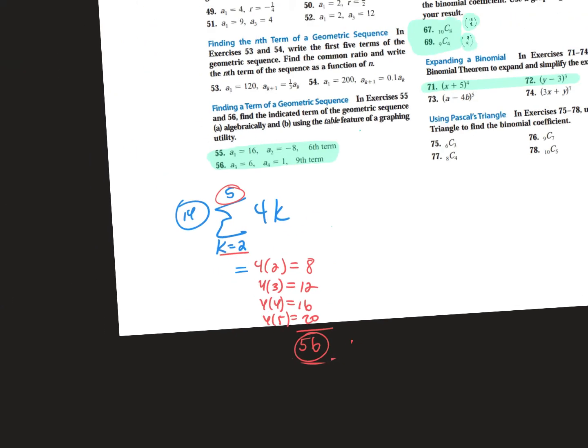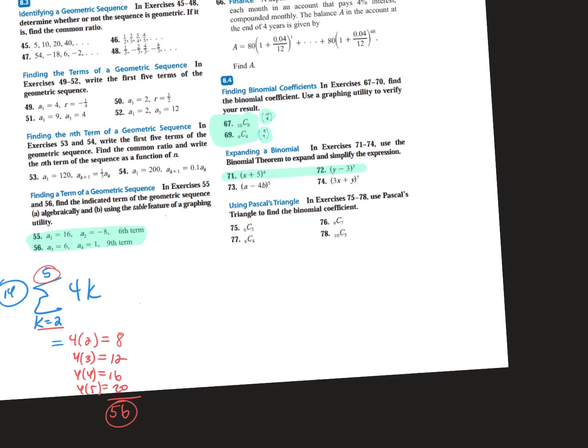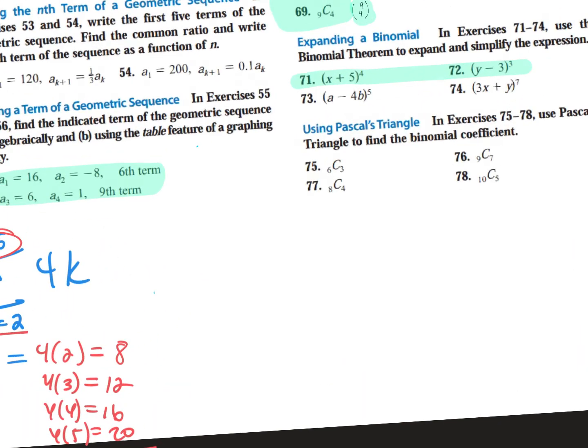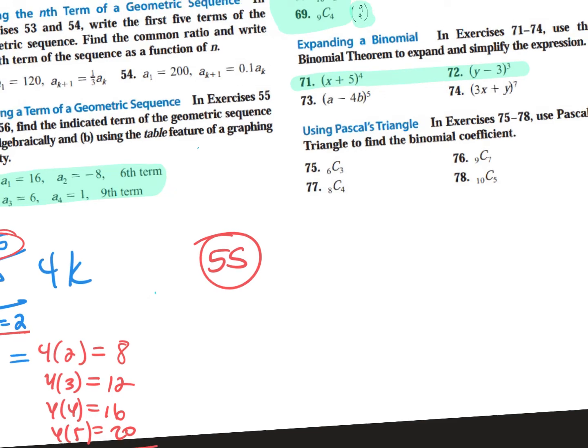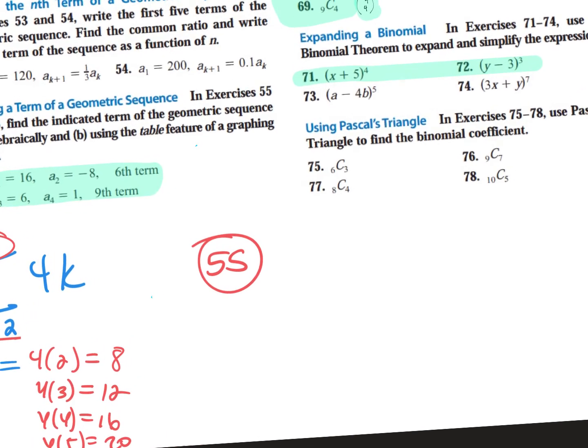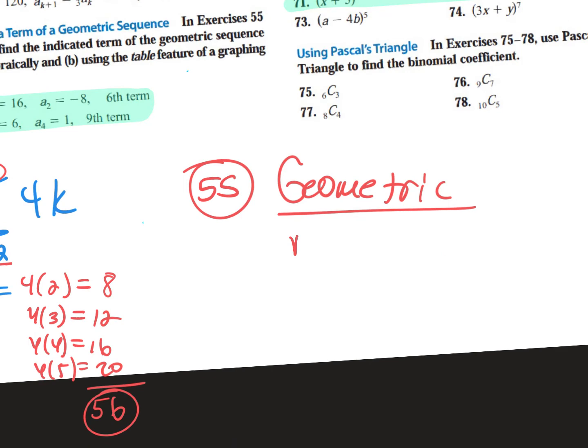How about if we look at like 55? 55 says, find the indicated term of the geometric. Okay, geometric. You guys remember, geometric is going to have a common ratio. We call this a common ratio. And it's what's being multiplied every term.